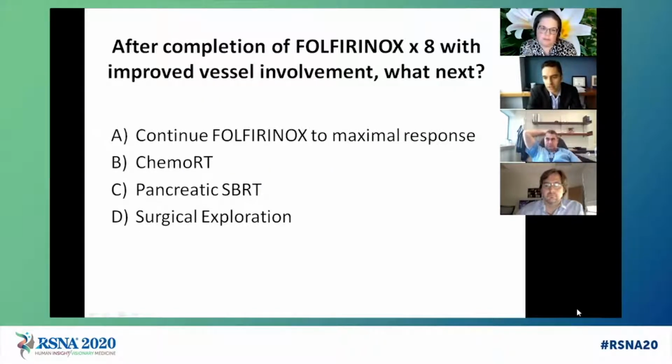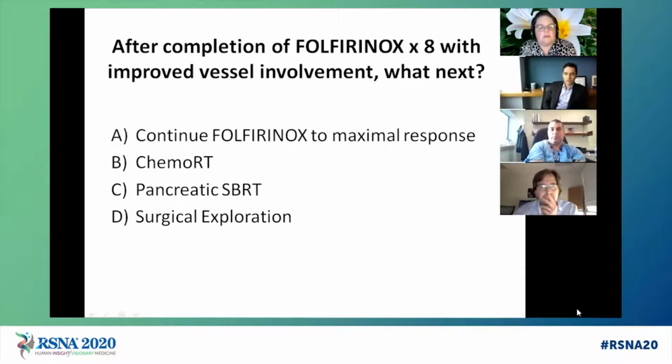Okay, perfect. So we did continue, and then we completed a total of 8 cycles of FOLFIRINOX, so 4 months of treatment with improved vessel involvement. And then this is sort of the same question, how long do you go with chemotherapy? To Dr. Anwar's point, I think there is heterogeneity in how many cycles people pivot at this point in time, whether 4 months or 6 months, because the adjuvant therapies certainly have 6 months of FOLFIRINOX.